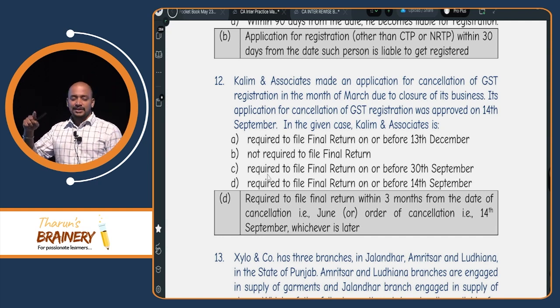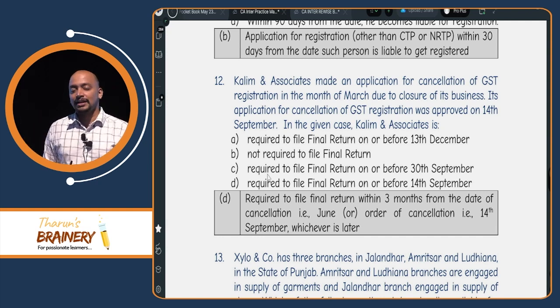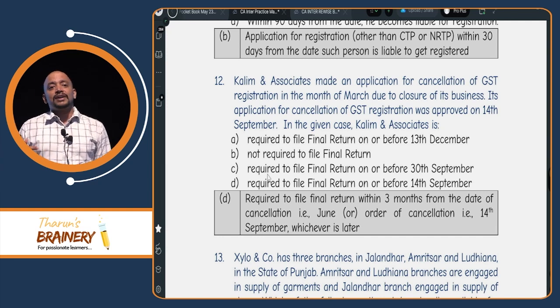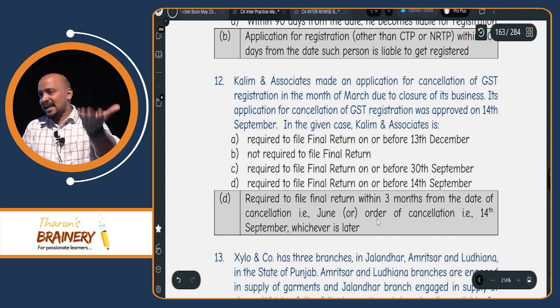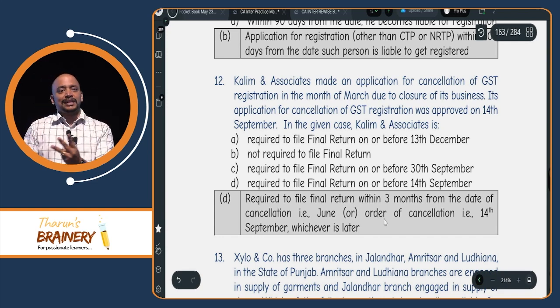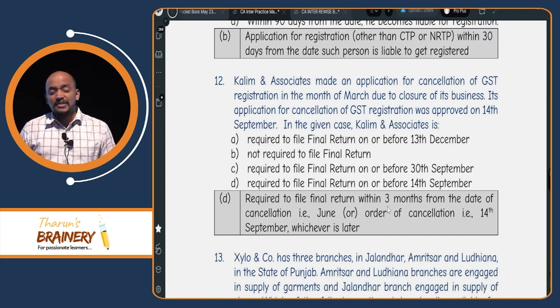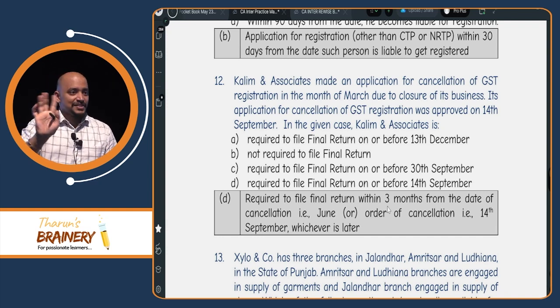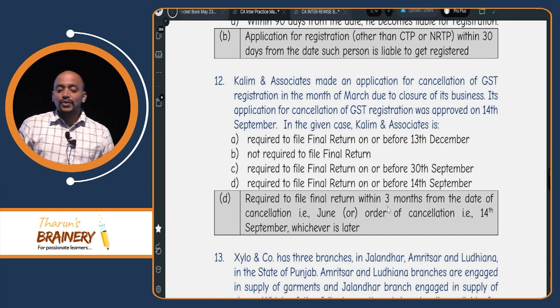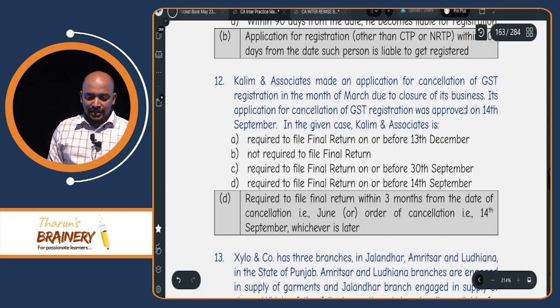This we will learn in the returns chapter, but I am discussing it now itself. We need to file one final return, GSTR 10, within 3 months from the date of cancellation or order of cancellation, whichever is later, not whichever is earlier.